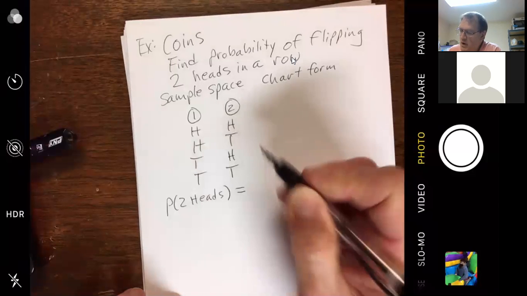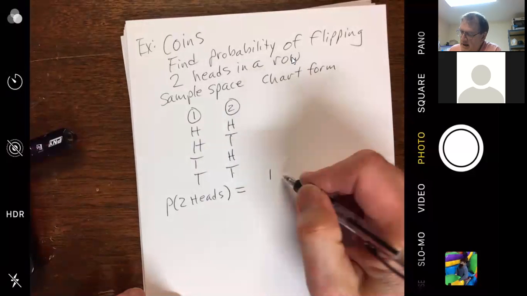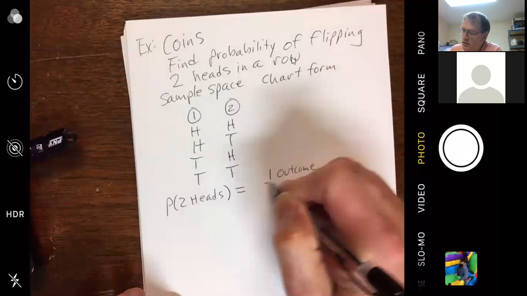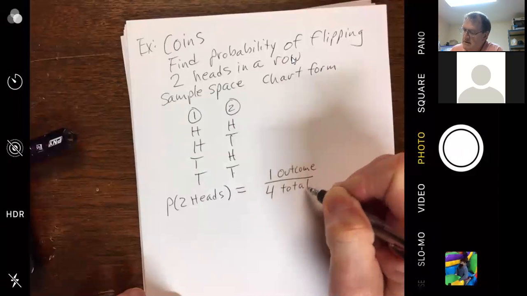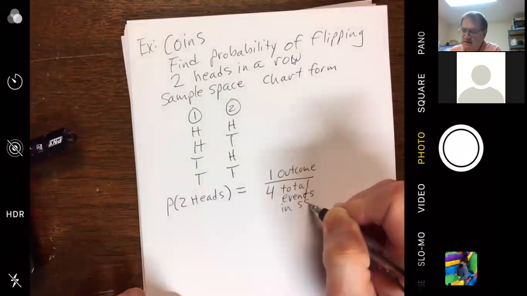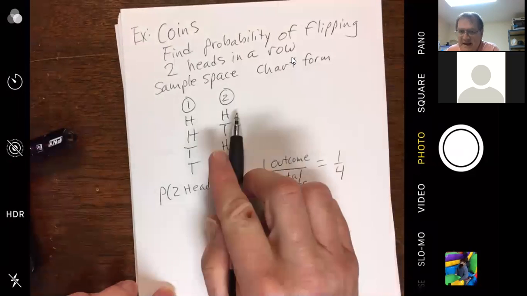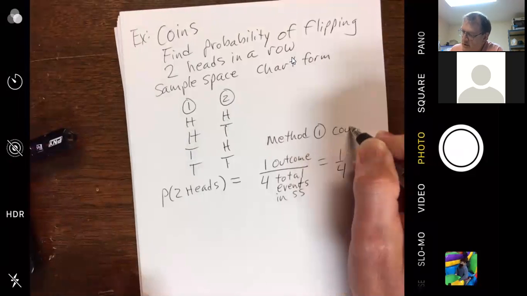You can see that as 1 outcome over 4 total events in the sample space, meaning 1/4. It's one thing that can happen out of 4 total. We'll call this method 1: count outcomes.